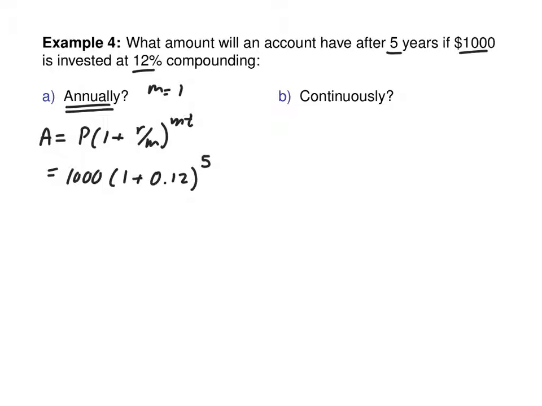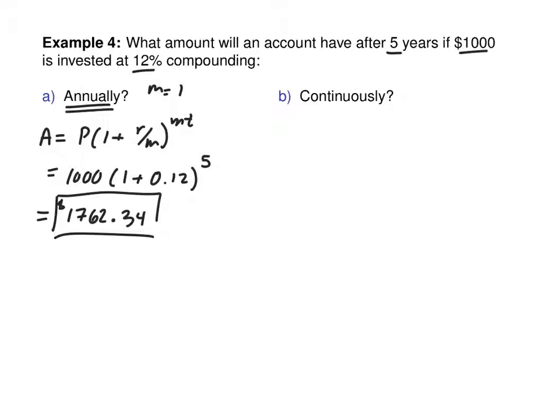So when you calculate that, what do you get? 1762.34. And as long as we're talking about money, unless otherwise specified, I think it's wise to give it 2 decimal places, because that's how we do money most places.